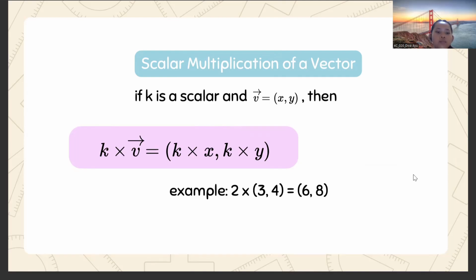For example, if we multiply the vector (3, 4) by 2, we obtain the new vector (6, 8). If the scalar is greater than 1, the vector becomes longer. If the scalar is between 0 and 1, the vector becomes shorter, and if the scalar is negative, the vector changes its direction.